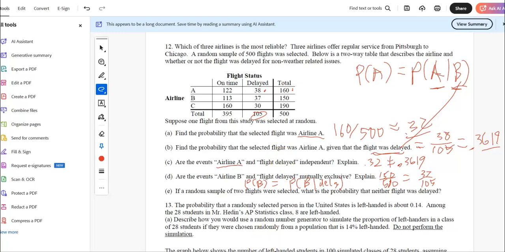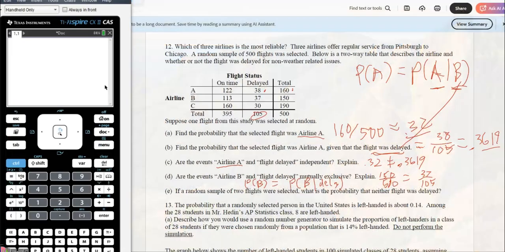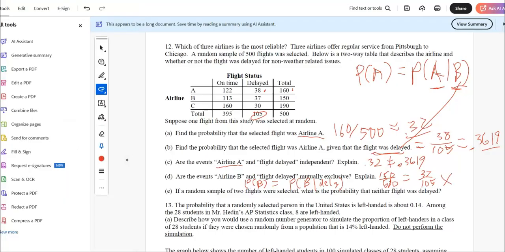Let's type that in here and see what we get. So 150 divided by 500, and then 37 divided by 105. So not quite, 0.3 is not equal to 0.3521, so those are not independent either.